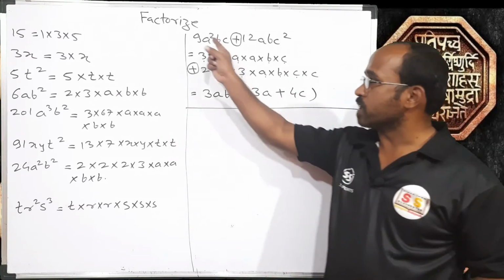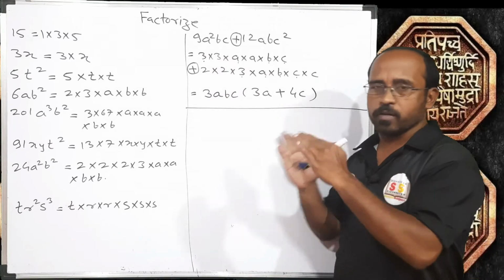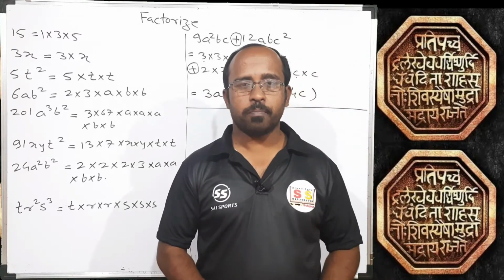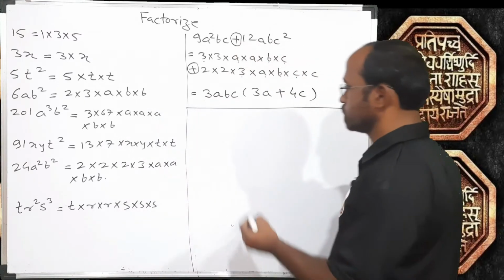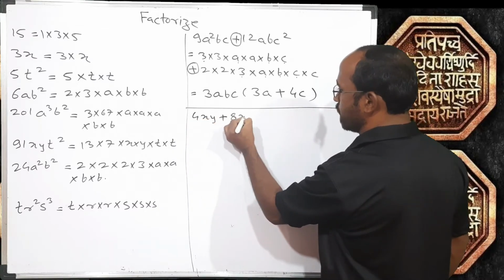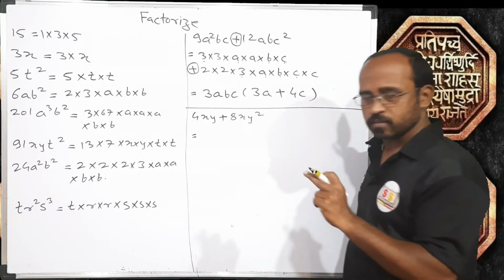The idea is to factorize each monomial separately and among those factors find the common factors. Let us see the next example. The next example is 4xy plus 8xy square. We have to factorize separately.